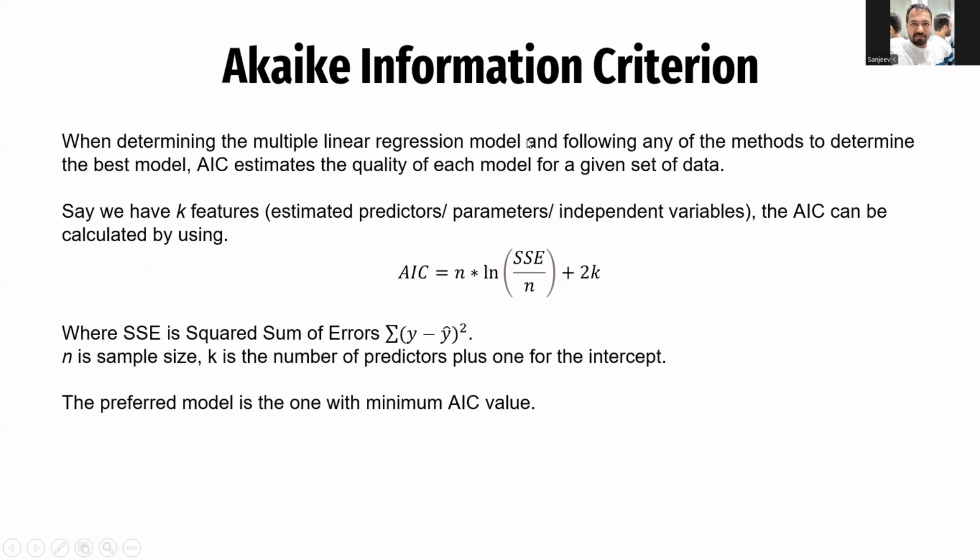So when you are doing a stepwise selection, we can calculate this value. This is called Akaike's information criterion, which is indirectly dependent on the sum of squared errors. For each combination, you would find the sum of squared errors, and then you would come up with one model which is having the least AIC value. Whichever model is having the least AIC value is the best model. Okay.